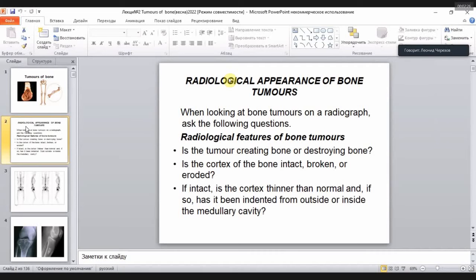Radiological features of bone tumors. Has the tumor created bone or destroyed bone? Is the cortex of the bone intact, broken, or eroded?